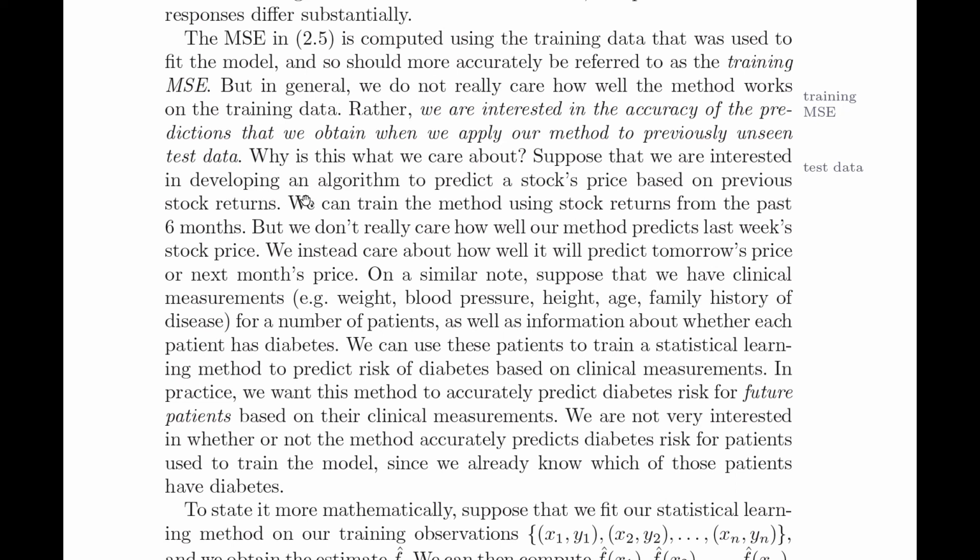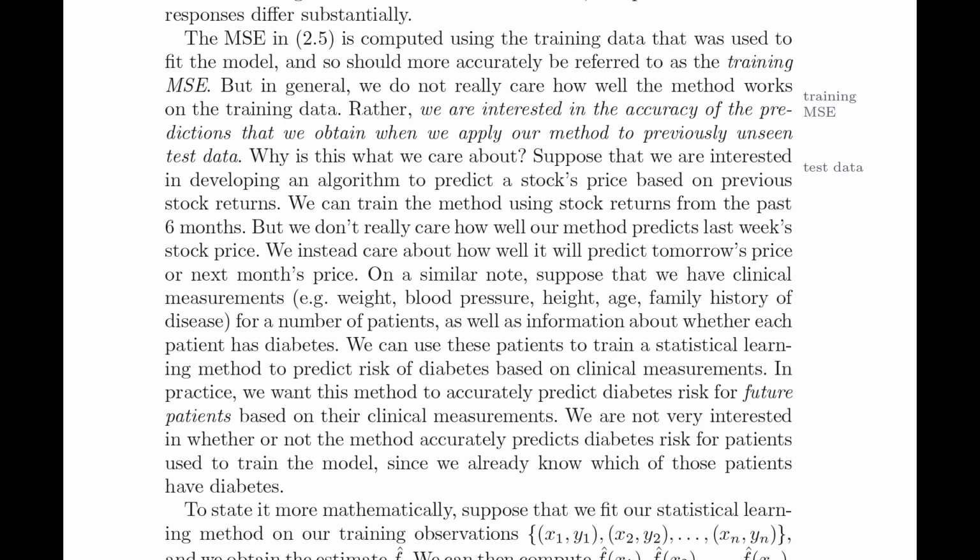Suppose that we are interested in developing an algorithm to predict a stock's price based on previous stock returns. We can train the method using stock returns from the past 6 months, but we don't really care how well our method predicts last week's stock price. That's already happened. We instead care about how well it will predict tomorrow's price or next month's price.